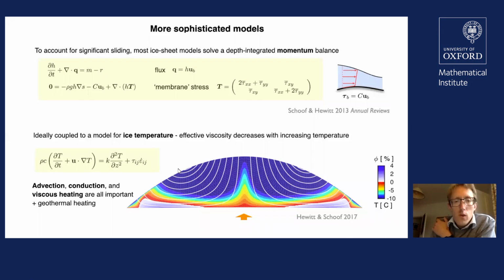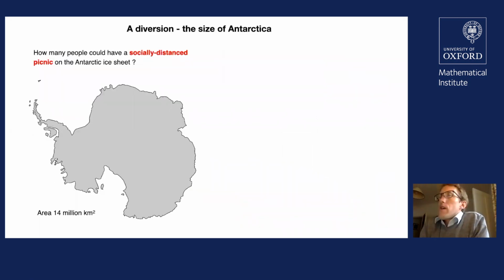And I want to know what temperature I should apply at the surface of the ice. The naive thing to do is to assume that that would be the air temperature. But as I'll show you, that's not quite what you need to do. So I'm going to talk about that.